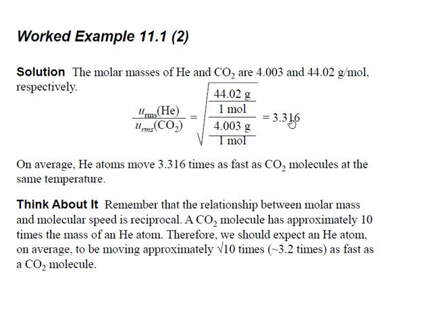So very simple. You just take the ratio of their molecular weight or atomic weight, take the square root, and then you get a value. The value, if you set it up with the heavier on top, should be greater than 1. What this means is that the helium atom moves 3.316 times as fast as carbon dioxide molecules if they're at the same temperature.